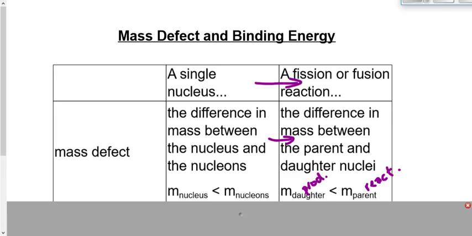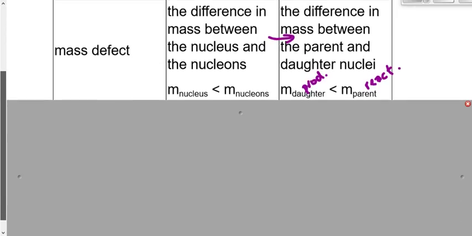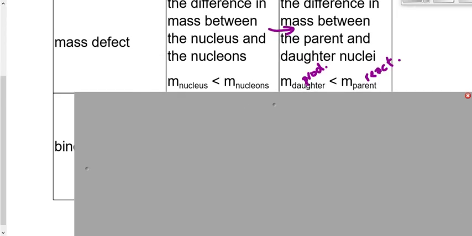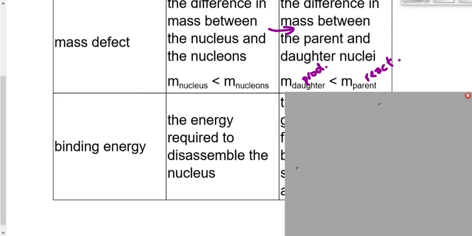Of course, it's the mass defect that leads to the binding energy. We're going to define binding energy in the context of a single nucleus as the energy that's required to disassemble the nucleus. That would correspond to the energy that would be stored as a result of the missing mass.